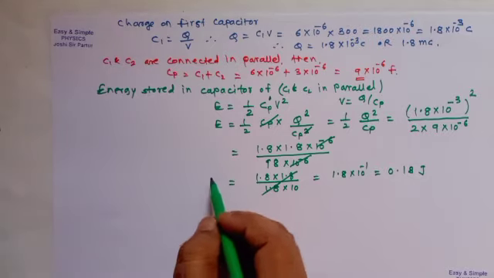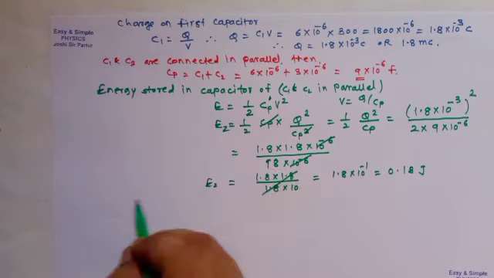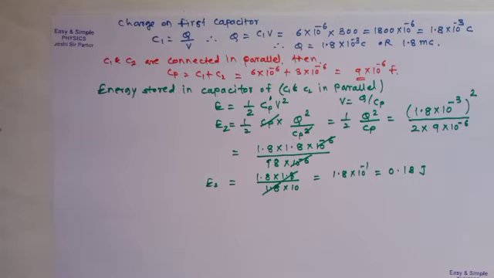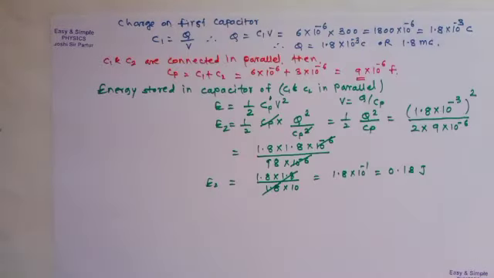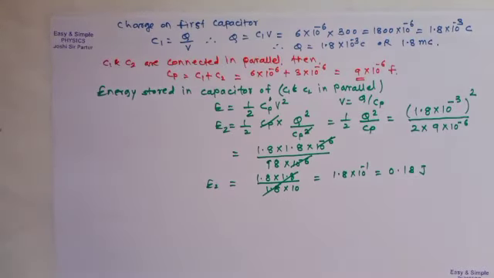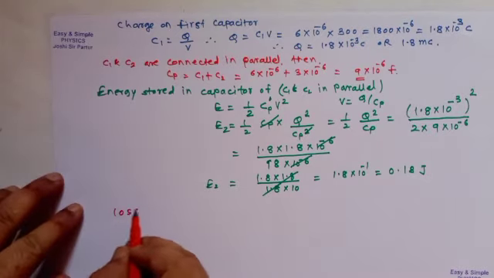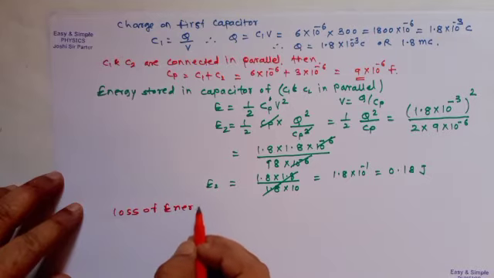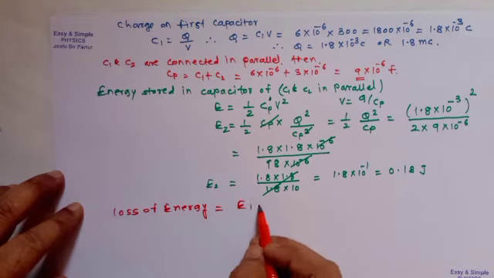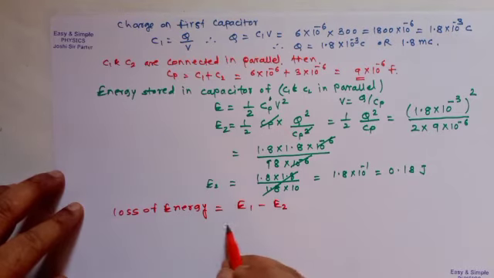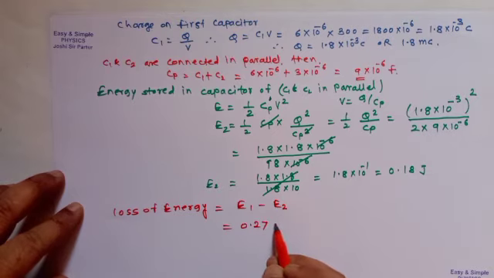So we know that the energy stored in the first capacitor is 0.27 joule. So the loss of energy is equal to E1 minus E2, which is 0.27 minus 0.18 joule.